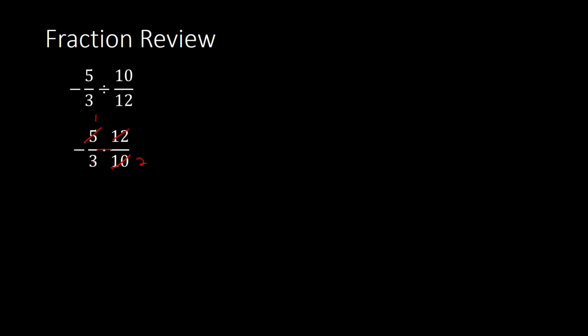The 12 divided by 3 would give me a 4 over 1. So what I have is a negative 1 times, and actually the 4 and the 2 can cancel again to get 2 over 1. So now I have a negative 1 times a 2 over 1 times 1. So my solution would be negative 2 over 1, or just negative 2. So that is how fractions work when you multiply and divide.